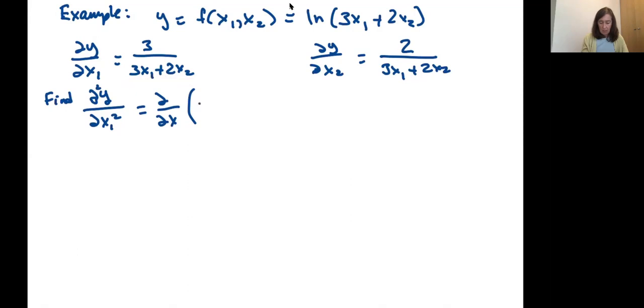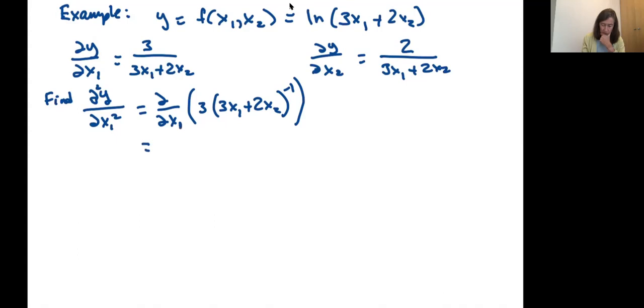This is the derivative of 3 times 3x1 plus 2x2 to the negative 1 power. That's going to just help me remember how to use the power rule when we've got negative exponents. That's a place where I tend to make mistakes.